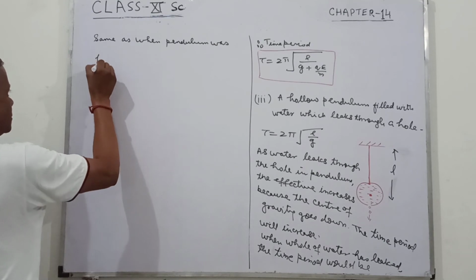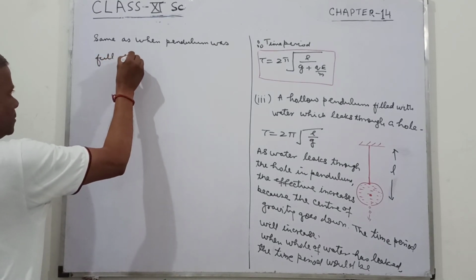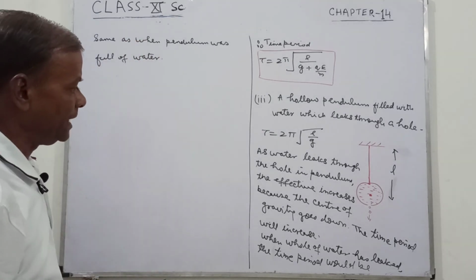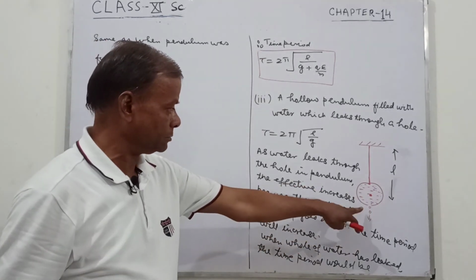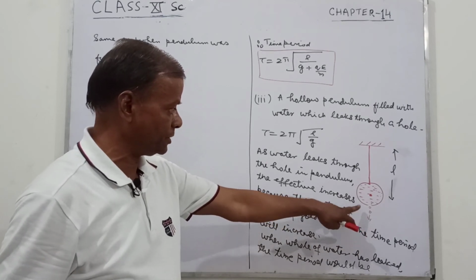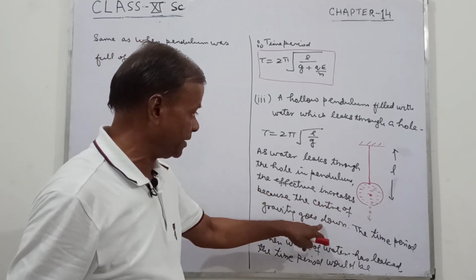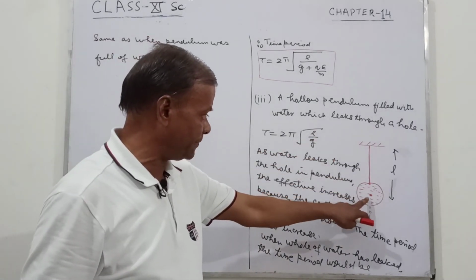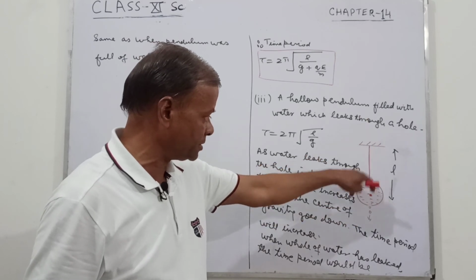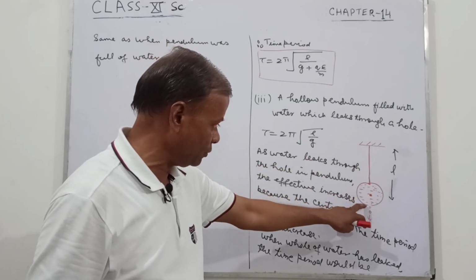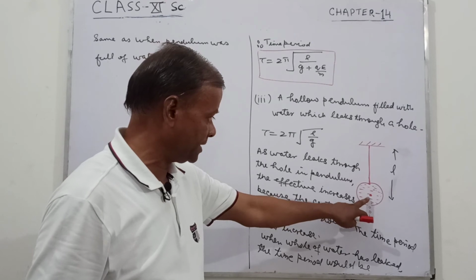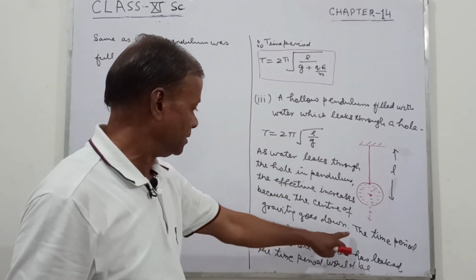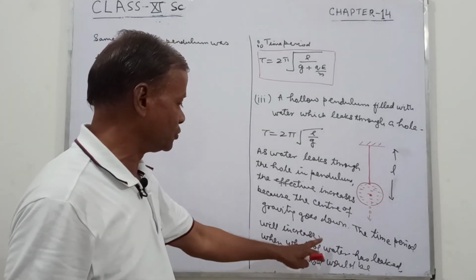So initially, as the water leaks from this pendulum, the center of gravity goes down, so the effective length increases. Initially the effective length will be at this center, and as the water goes down slowly, this center will go downward. So the effective length increases, and the time period will also increase.